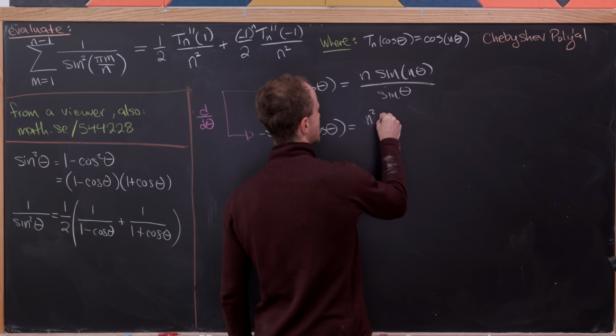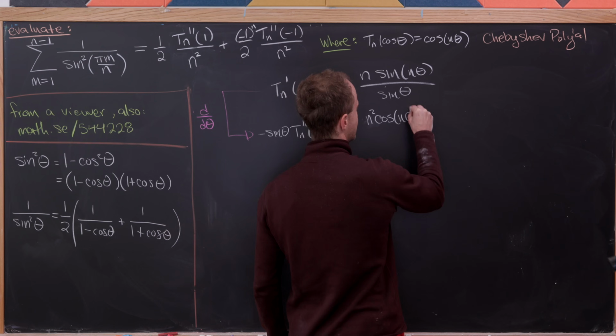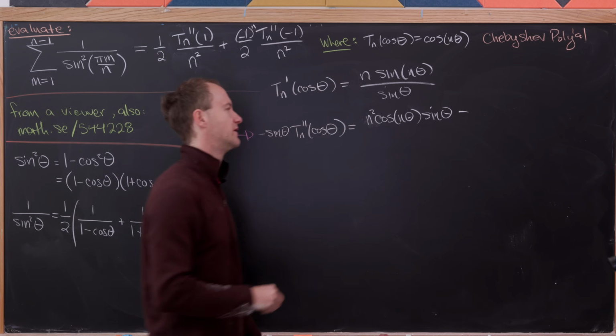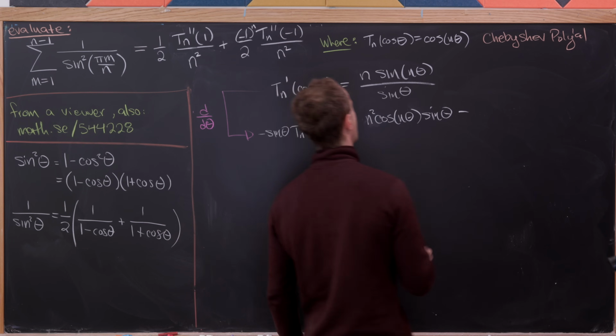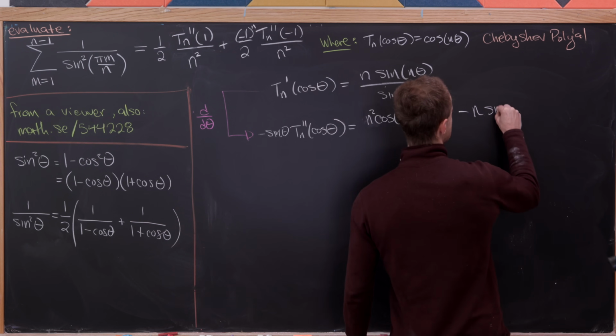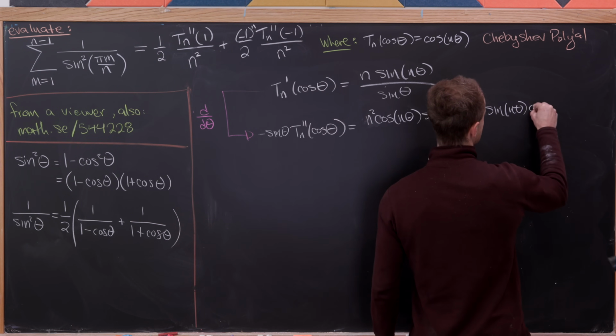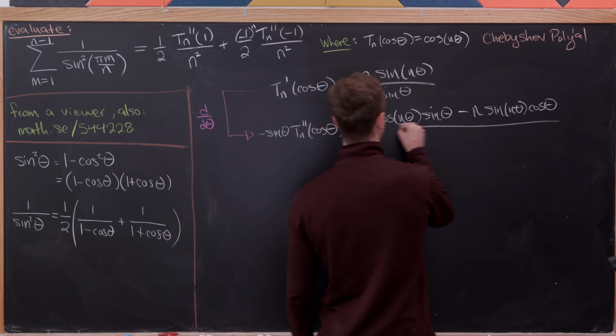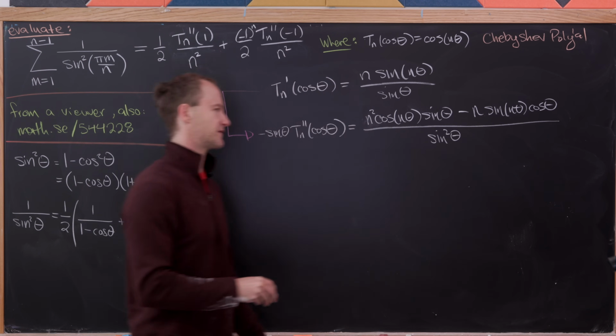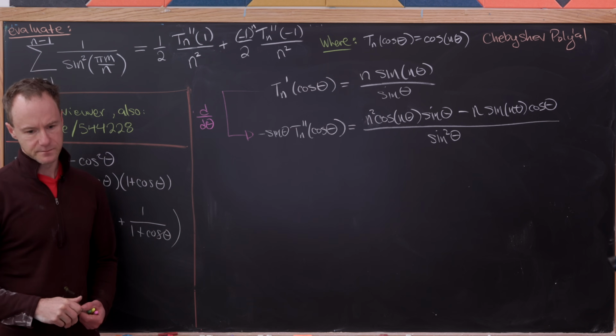So we'll have n squared times cosine of n theta times sine of theta. So that's by taking the derivative of the numerator. And then we'll have minus n times sine n theta times cosine of theta. That's by taking the derivative of the denominator. And then this is all over sine squared theta because we have to square the denominator.